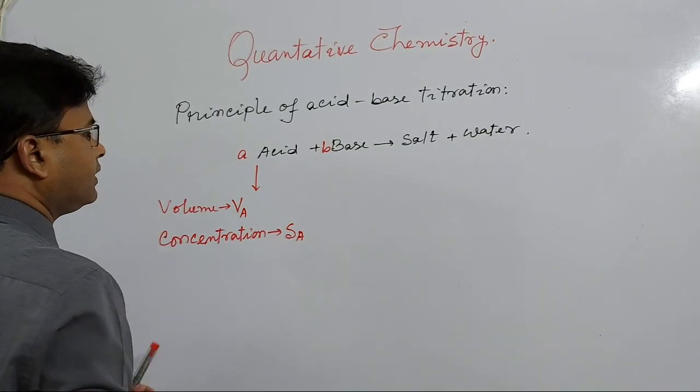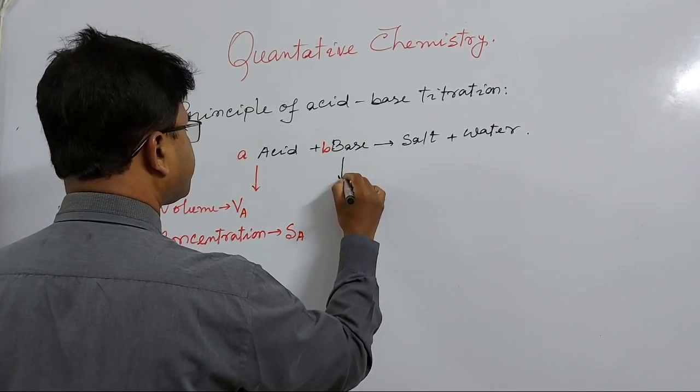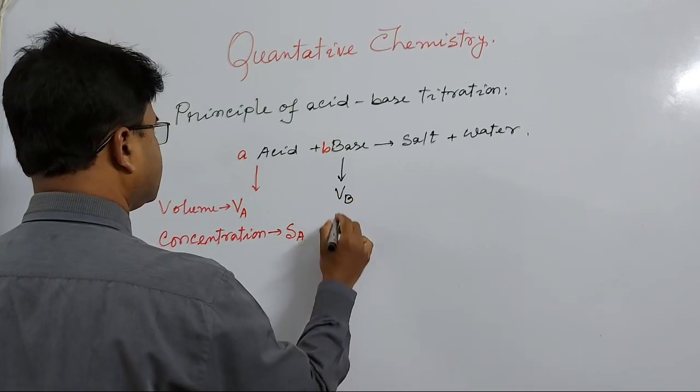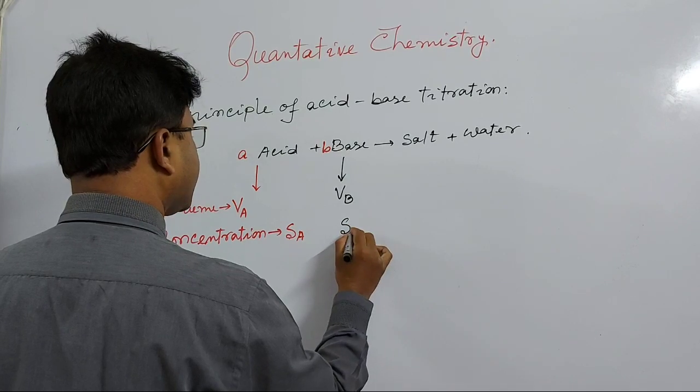Again, the volume of base is Vb and the concentration of base is Sb.